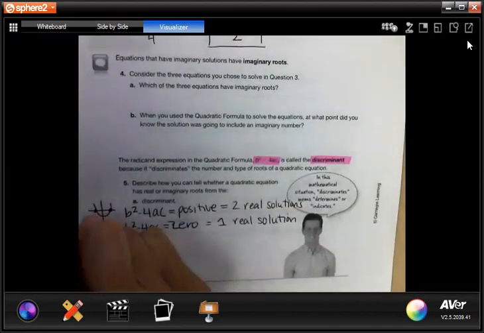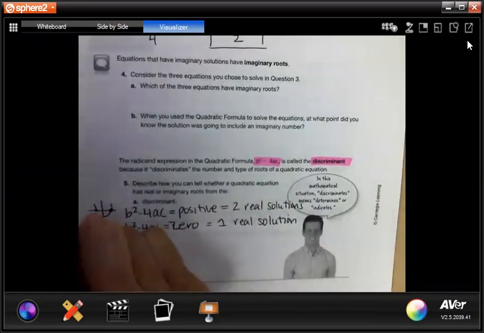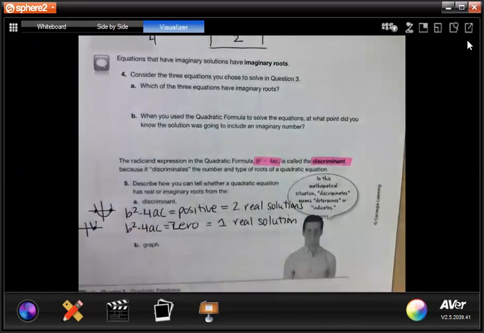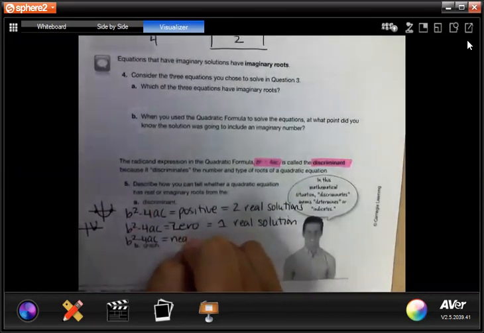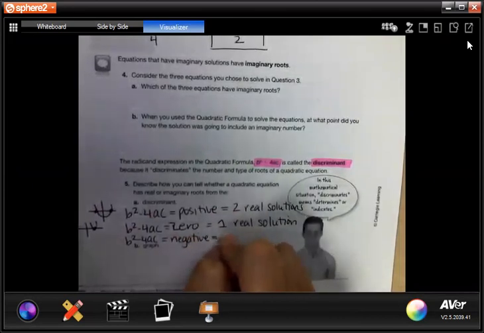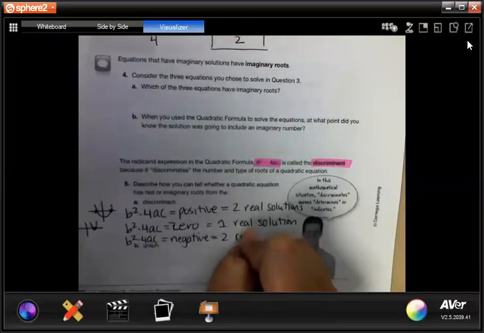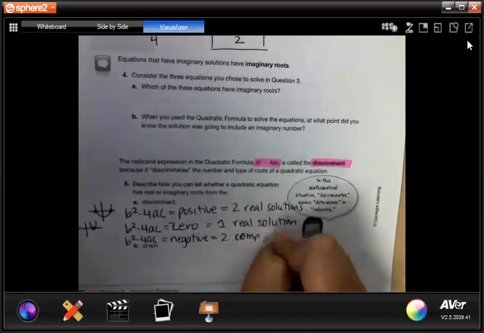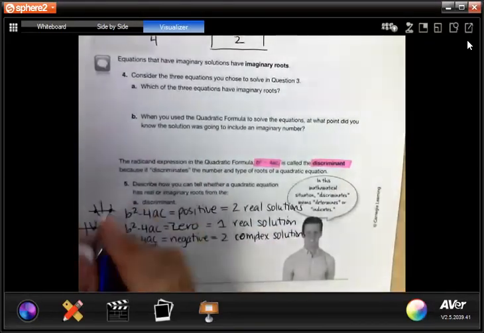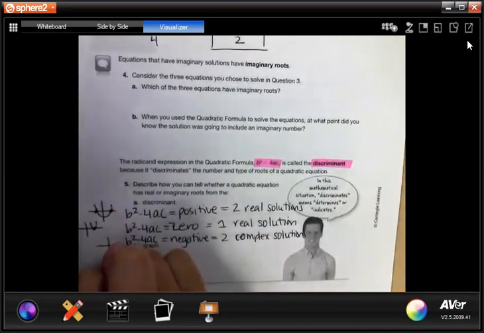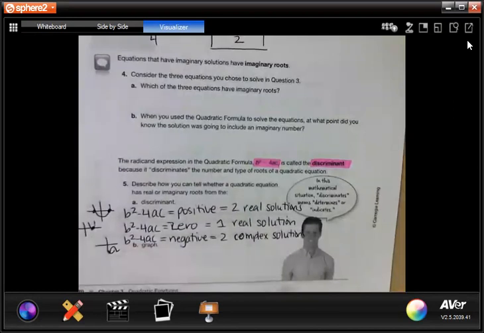And that graph was the one with the vertex on the x-axis. And then our last one, b squared minus 4ac, when it was equal to a negative, there were two complex solutions, or imaginary. And that was when our graph did not touch the x-axis. So those are the three options.